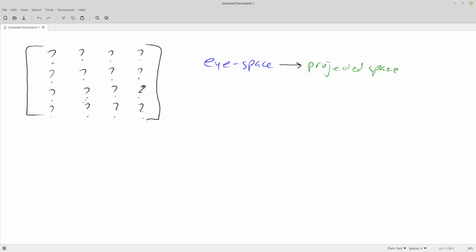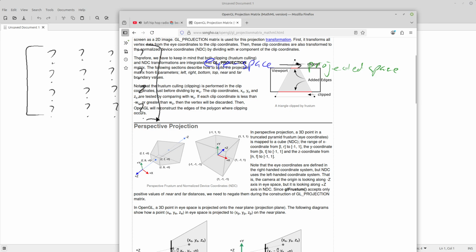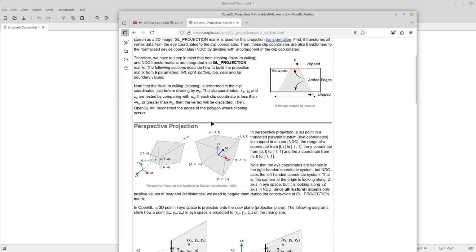Right? And what does that really mean? Well, if we look at this diagram here, if you look at this diagram here, we have, just trying to figure out my controls.